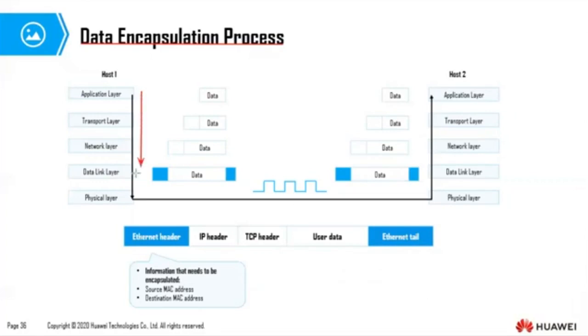Specifically at the data link layer, we are going to add an Ethernet header and a tail. Information that needs to be encapsulated in the Ethernet header includes, for example, the source MAC address and destination MAC address. Then the tail contains the frame check sequence.